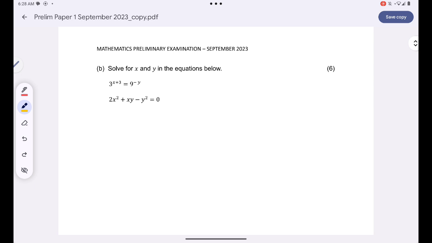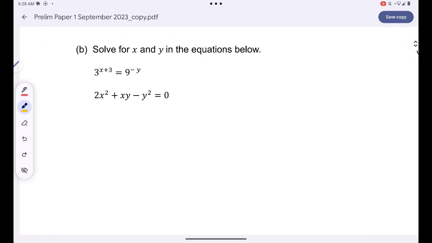I am given two equations over here. So I can simply say this is my first equation and that's my second equation, right? And then I can simply manipulate one equation so that I can make one variable the subject of the formula. So from equation 1, I know that 3 to the power x plus 3 is equal to 9 to the power negative y. 9 can be written as 3 squared.